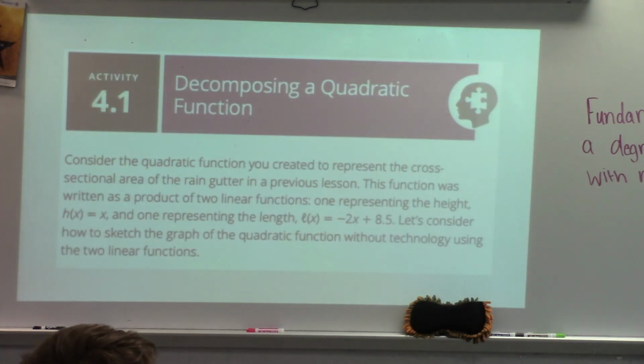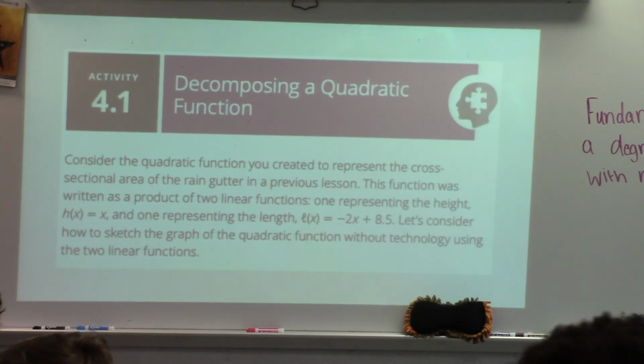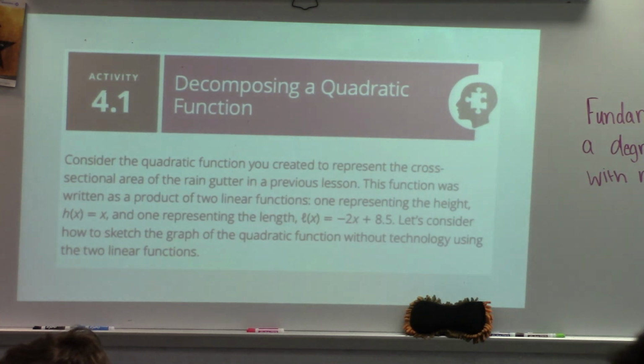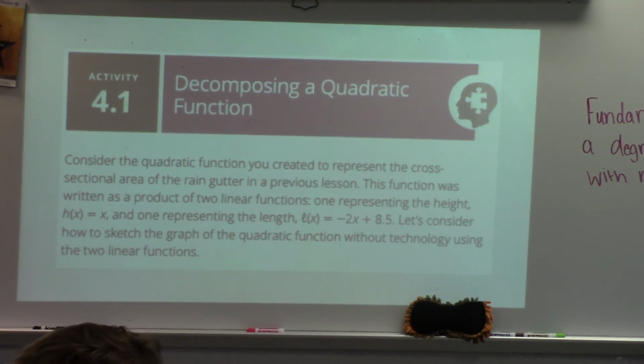So moving on to 4.1, it introduces us by saying, consider this quadratic function you created to represent the cross-sectional area. So we didn't do this rain gutter thing, but essentially it's still telling us they composed 2 linear factors.